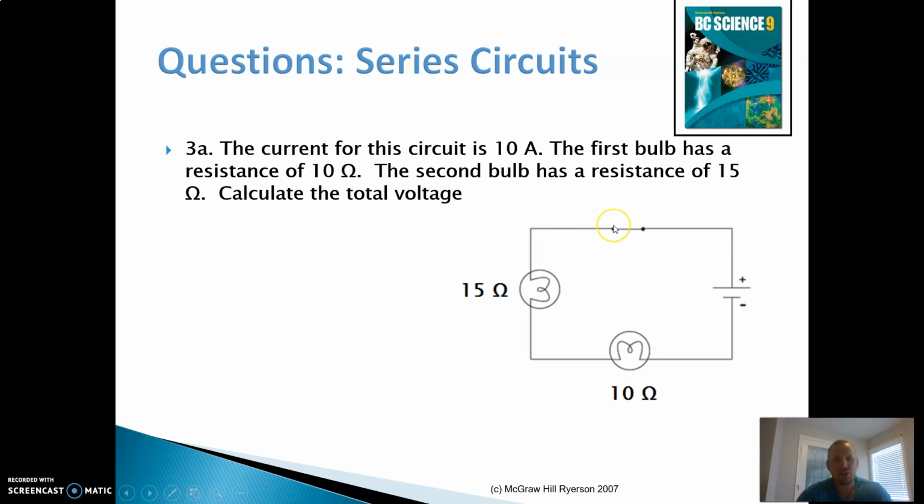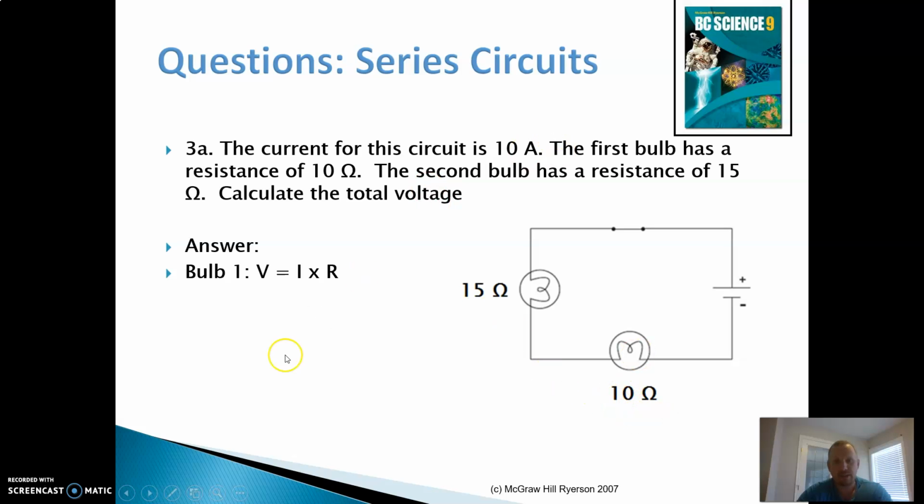Third one right here. So the current for this circuit is 10 amps. The first bulb has a resistance of 10 ohms. The second bulb has a resistance of 15 ohms. Calculate the total voltage. So we could do this one of two ways. We could say the voltage used by the first light bulb is the resistance times the current.